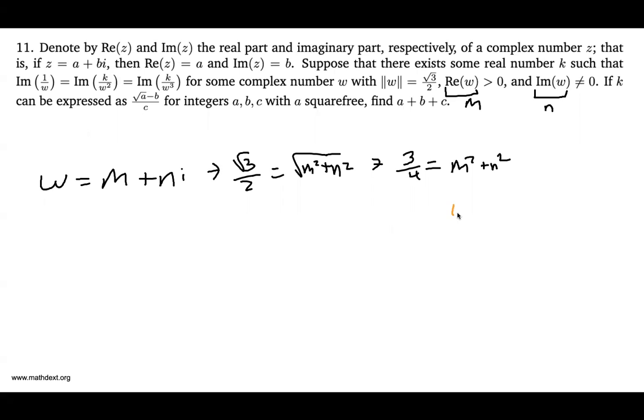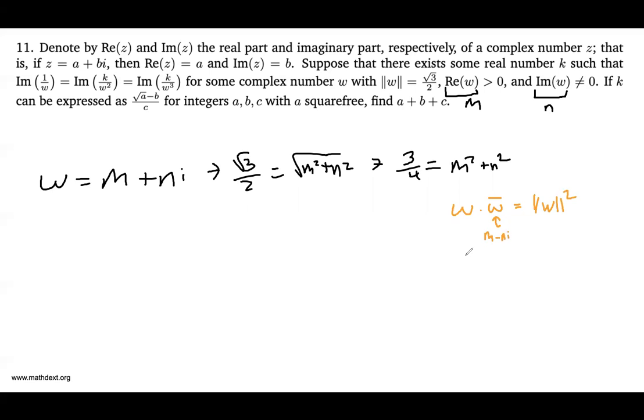We have w times w bar, and I'll explain what w bar is in a second, is equal to the magnitude of w squared. And this w bar is the conjugate of w, and it's basically m minus ni.